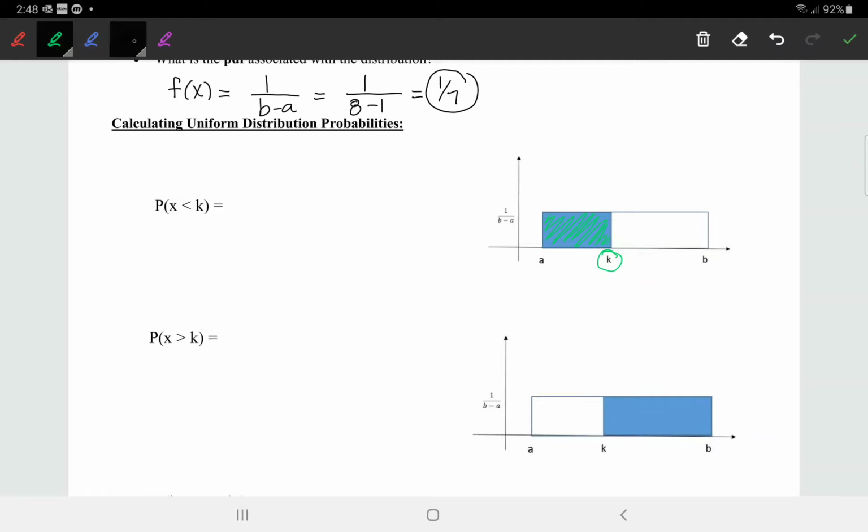We know that area is equal to the base times the height. The base in this case goes in between a and k, so the base is k minus a, and the height, as always, is 1 over b minus a.